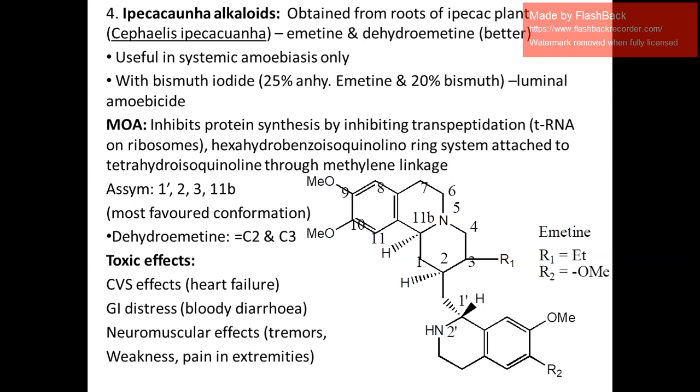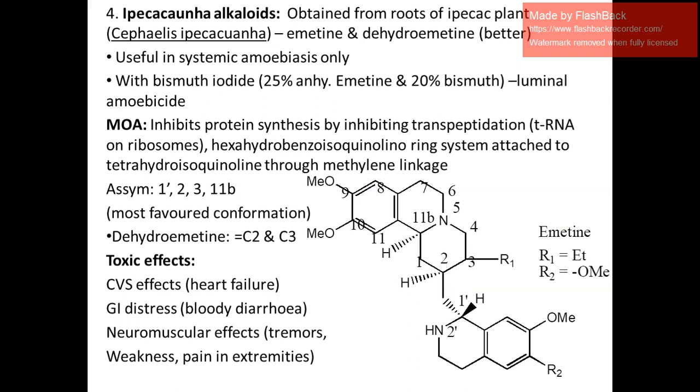The mechanism of action is that it inhibits protein synthesis by inhibiting transpeptidation. Like the mechanism we saw for tetracycline or chloramphenicol, in the same way it will bind to the tRNA on ribosomes, and it will inhibit the process of supplying the information for bacterial protein synthesis to the messenger RNA.